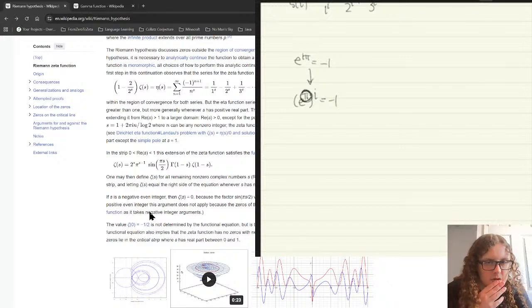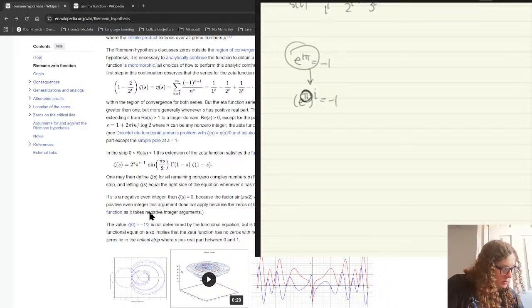Which will effectively change the angle, since this is actually something called polar form.